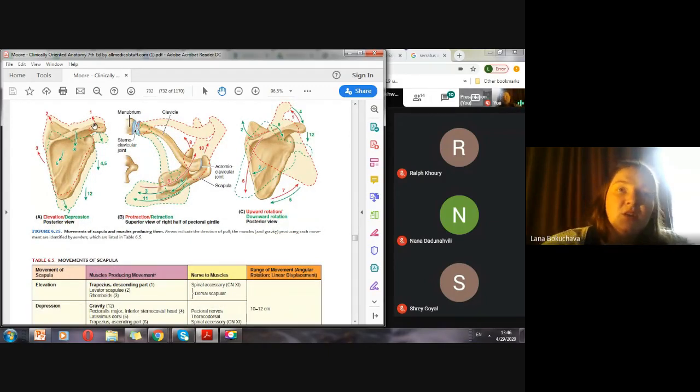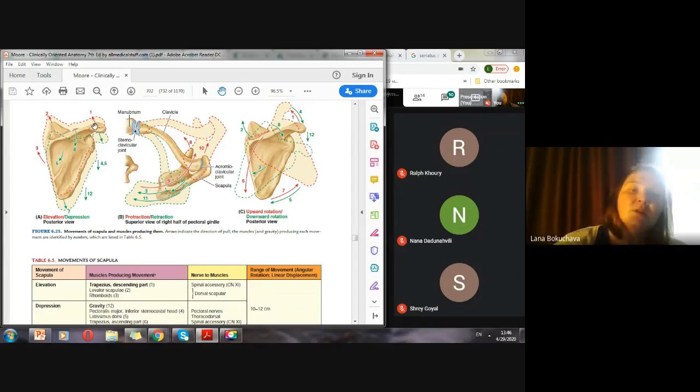Now the next question is, if I have the middle part of the trapezius, what type of movement will be produced here? Again, we have literally 6 movements in this case. Either it will be elevation, or depression, or retraction, protraction, or upward or downward rotation.